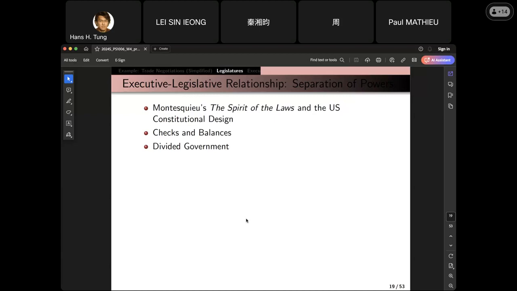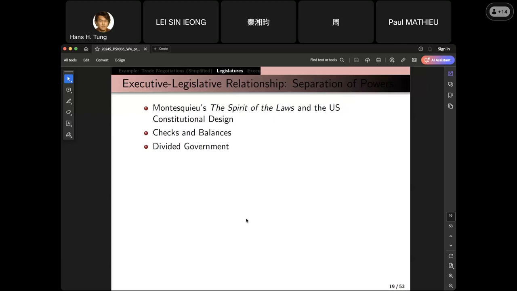You need aristocrats, which is the Senate, and you also need democracy, which in the American Constitution is the Congress. That's why the textbook also explains that the US Constitution adopts this idea and has the separation of powers.